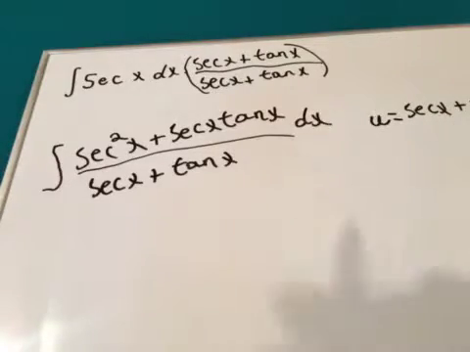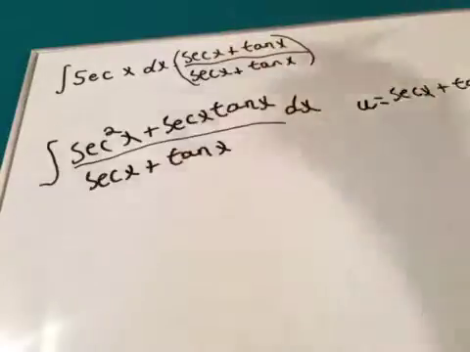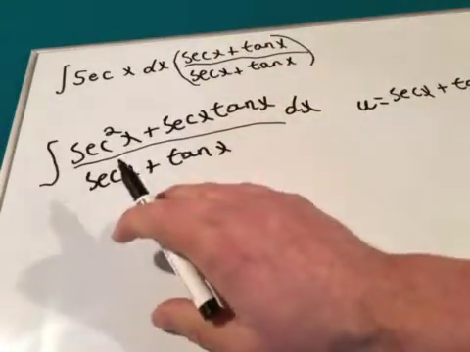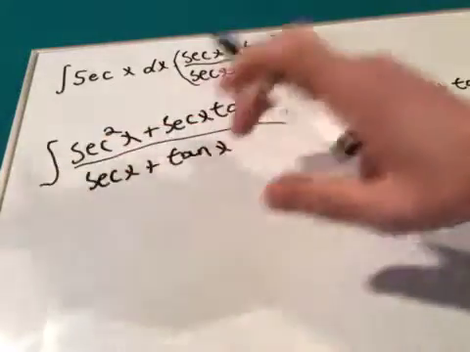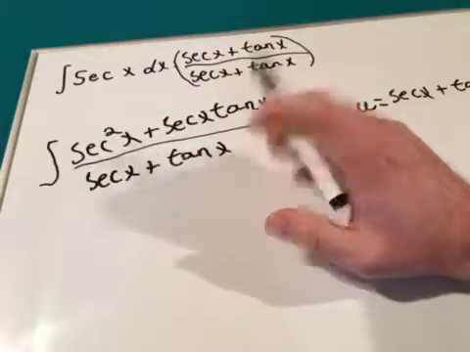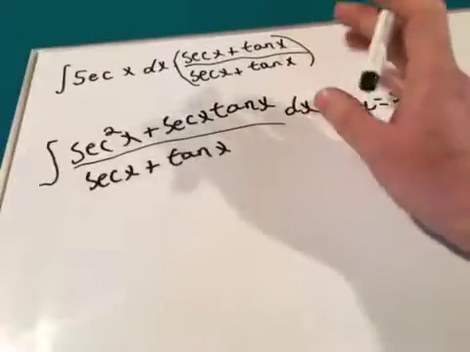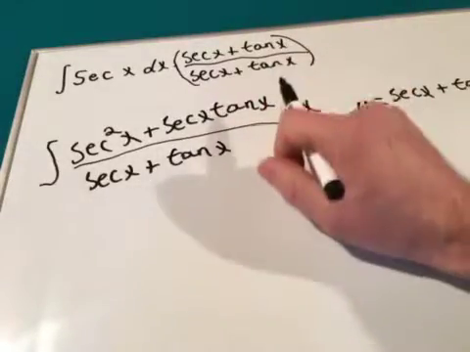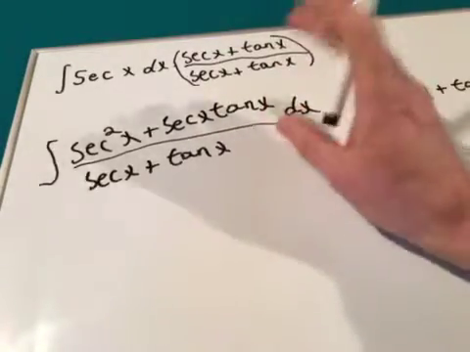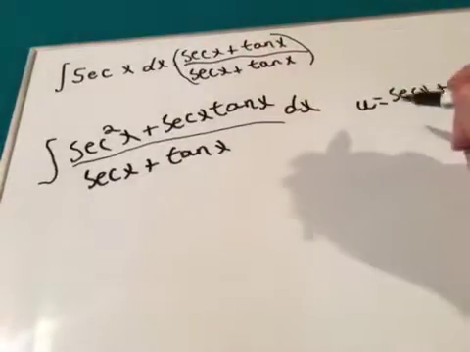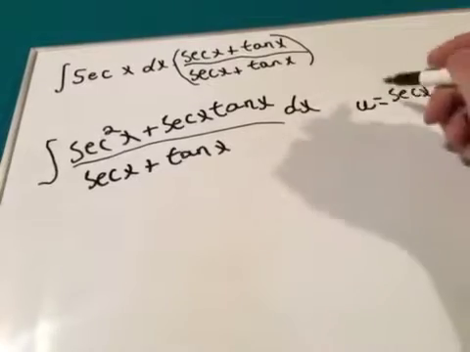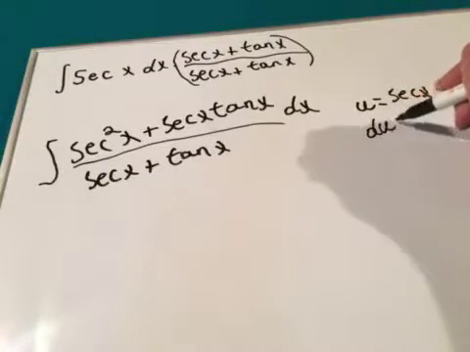Okay, so if that's u, then we have to change everything. If we have a u and we have x's and we're integrating with respect to x, that's not going to work. We have to have our variables all the same. And to do that, we're going to take du. We always got to find du.